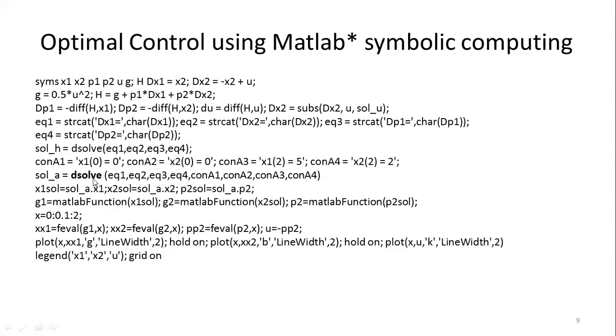Now this is the command, and to recover your x1, x2, and p2, you do a sol underscore a dot with the variable that you're trying to recover, to retrieve. You convert x1, x2, and p2 with the Matlab function. And so this is what I did, that I evaluated the functions and plotted them.